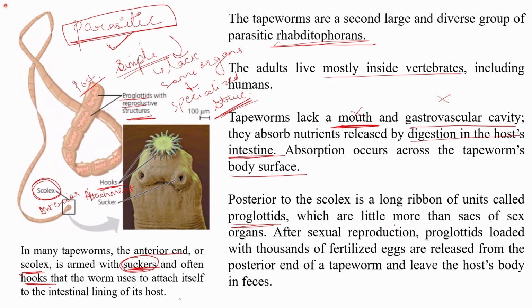They contain eggs and sperms, but after sexual reproduction, proglottids loaded with thousands of fertilized eggs are released from the posterior end of the tapeworm and leave the host body in feces.